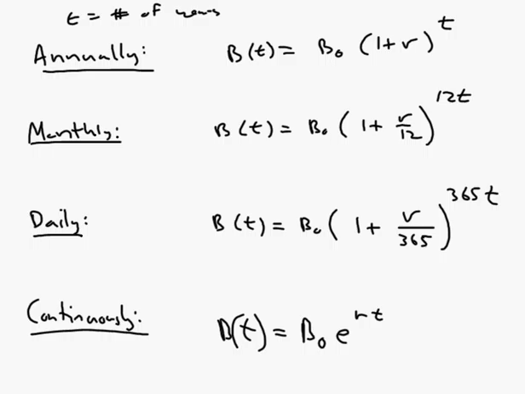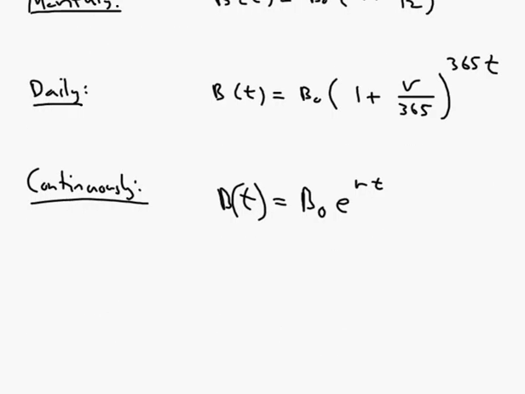Well, I'm skipping a few steps, but if you think about what happened yesterday, B0 was 1, right? R and T were both 1. The interest rate was 100%. So we just ended up multiplying B0 by E, right? But if the rate is less than that, we end up doing E to that power. That's basically what happens.